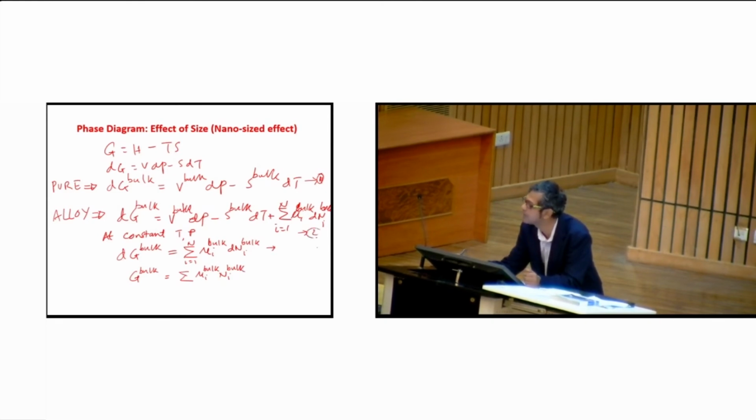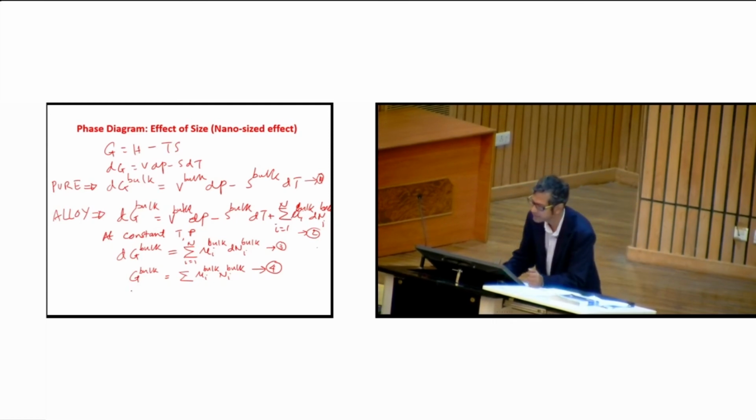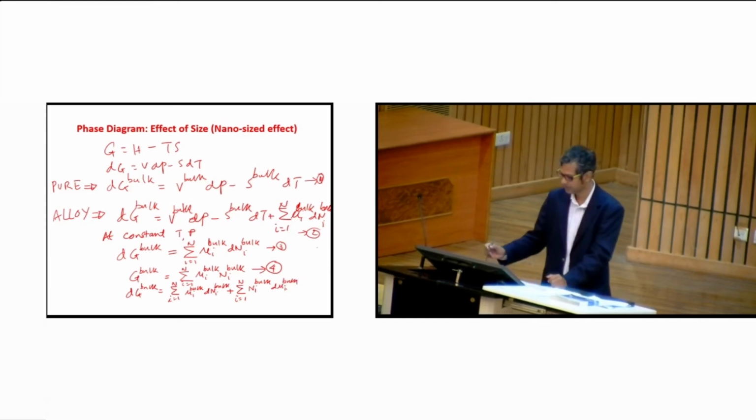So this was equation 2, this is 3, this is 4. If you differentiate totally, what do you get? dG bulk equals the sum of mu i bulk dNi bulk plus Ni bulk d mu i bulk. So this equation I term as 5.